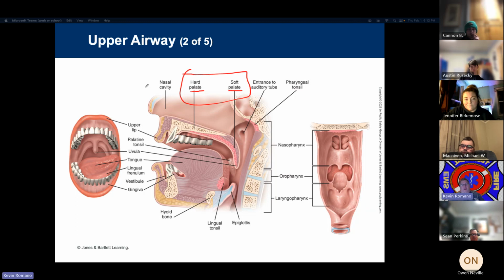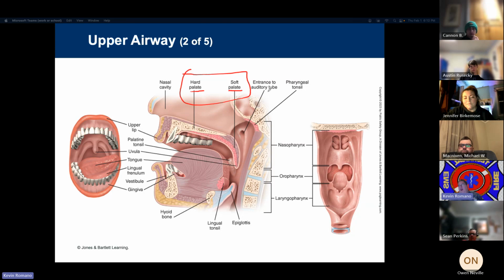Something you guys do as a BLS provider when you insert something. Okay. OPA, right? So when you're placing an OPA, you go from hard palate to soft palate. That's when you make your 180-degree turn and drop it into the airway. Okay, that's why it's good to have an idea what those are.